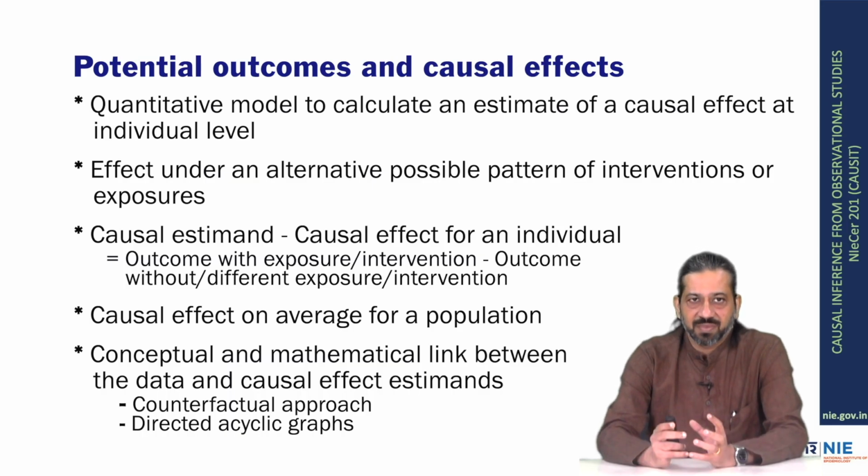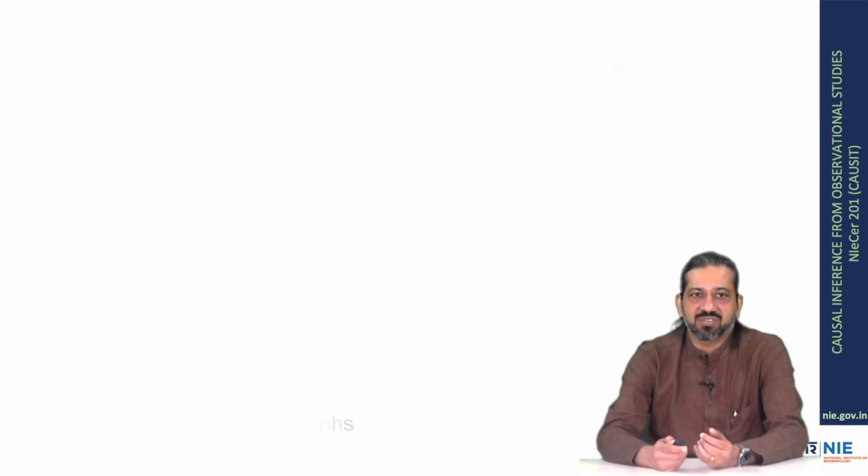So this conceptual linkage that the directed acyclic graphs bring us to understand how the relationships are between various variables, and the design factor of our studies, which we can understand through the counterfactual approach, provides that link between the conceptual framework and the mathematical link between the data and the estimation of the true causal effect.